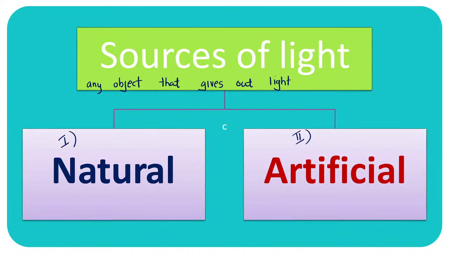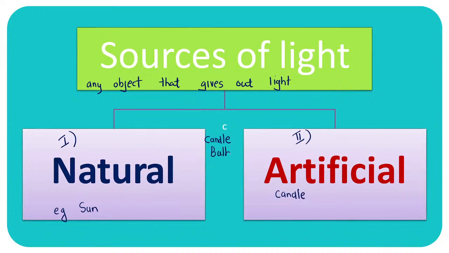Okay, let me give you examples. Now you tell me, are you going to place candle? Okay, many are saying sun. Examples under natural can be sun. Where are you going to place candle? Natural or artificial? Of course, candle will come in artificial source of light. A bulb.